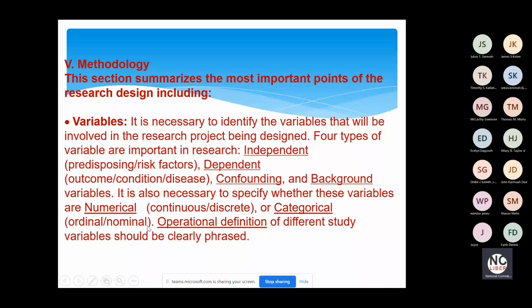Then the next thing you need to do is to give your operational definition of the study variables. What is the meaning of each of the variables that you're discussing, right?